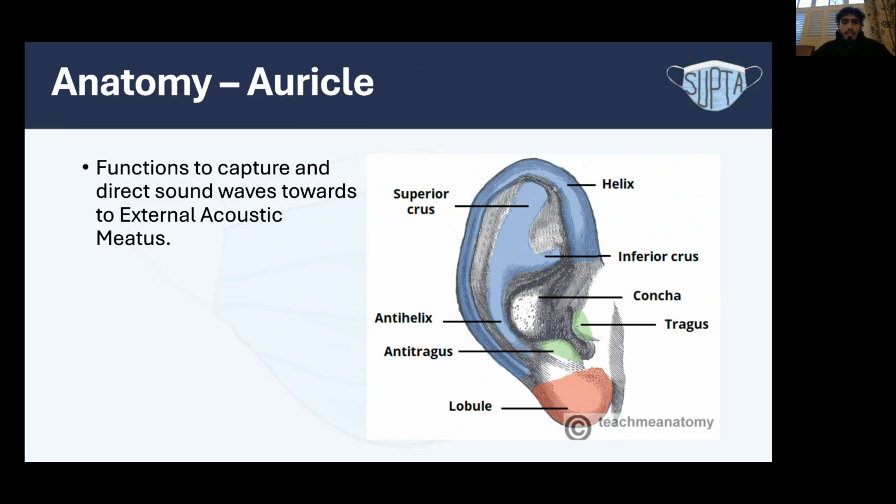Carrying on more medially, we have a hollow depression that we call the concha. This is continuous with the external acoustic meatus, and it directs sound into the meatus. Immediately anterior to the beginning of the meatus is an elevation of cartilage, which we call the tragus, and opposite to that is our antitragus.